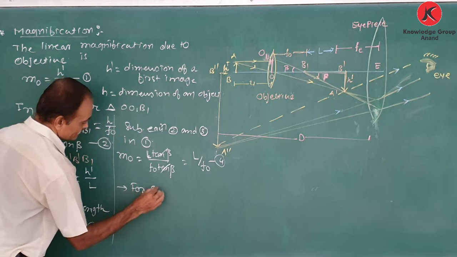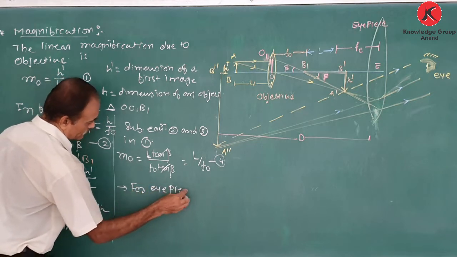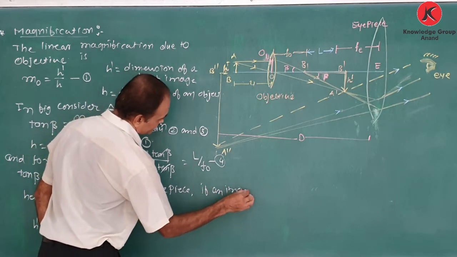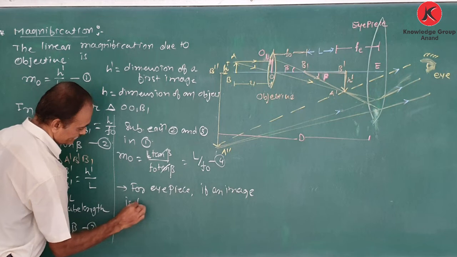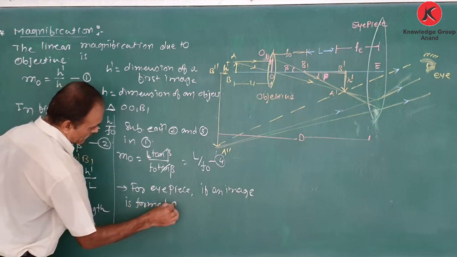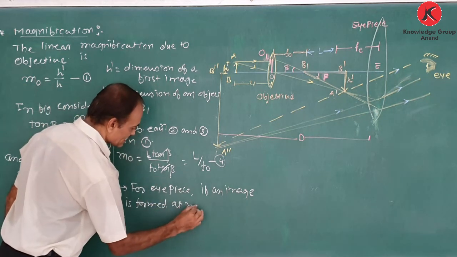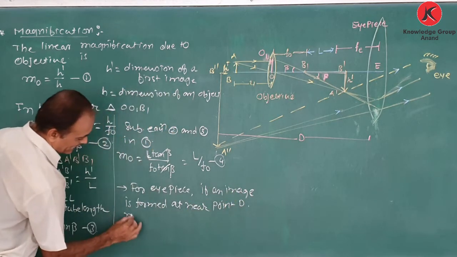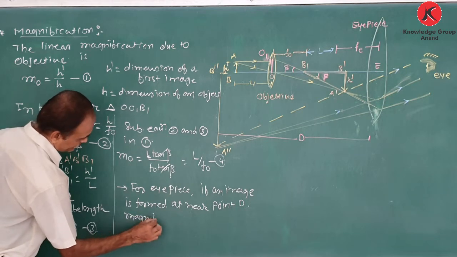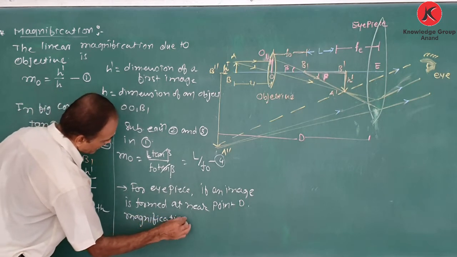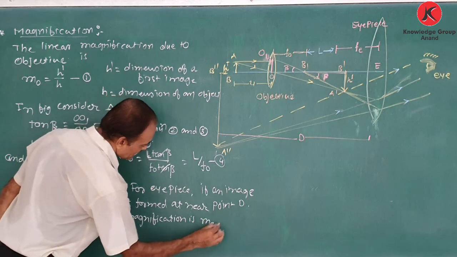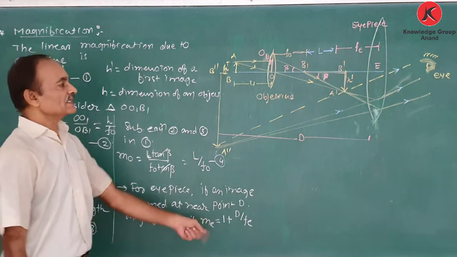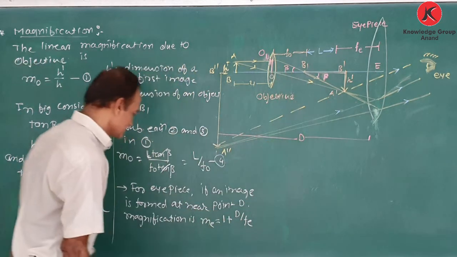For the eyepiece, if an image is formed at near point distance, the magnification is ME is equal to 1 plus D upon F. F is the focal length of the eyepiece, right?